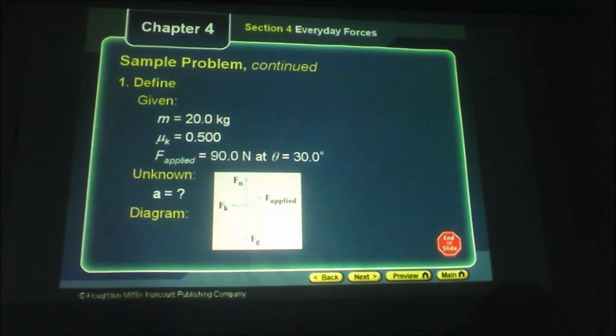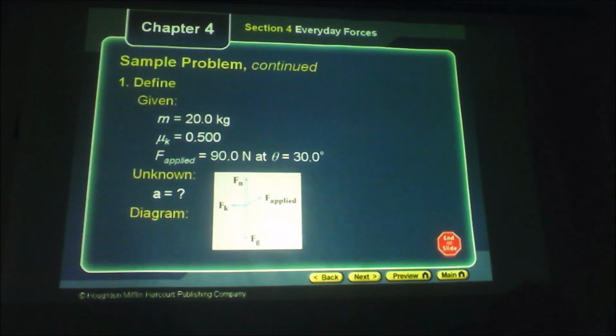Well, let's look at the forces that we have in a free body diagram. The force applied is at that 30-degree angle. So you see the F applied, that is the rope. We have the force of gravity going down, and that's our 20.0 kilograms times 9.81 meters per second squared.